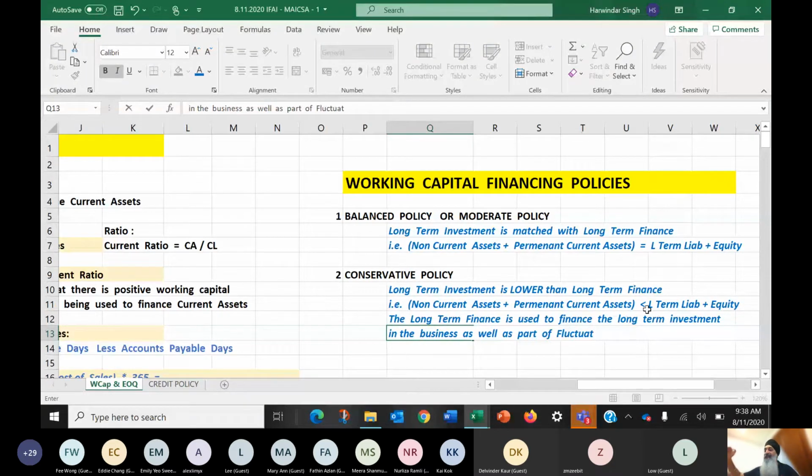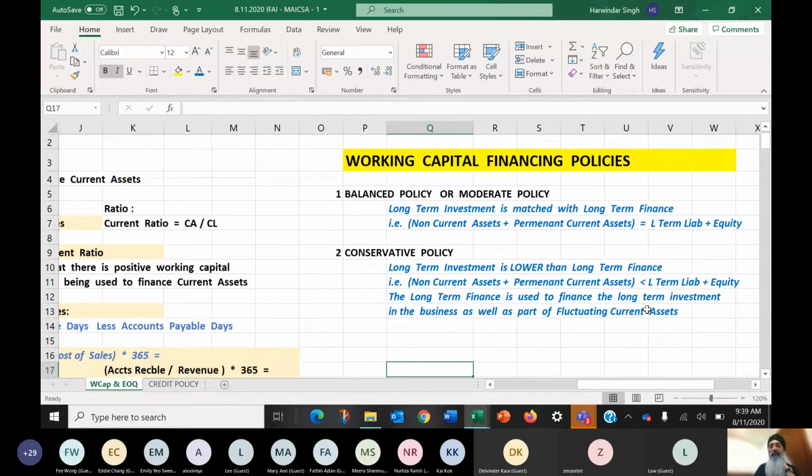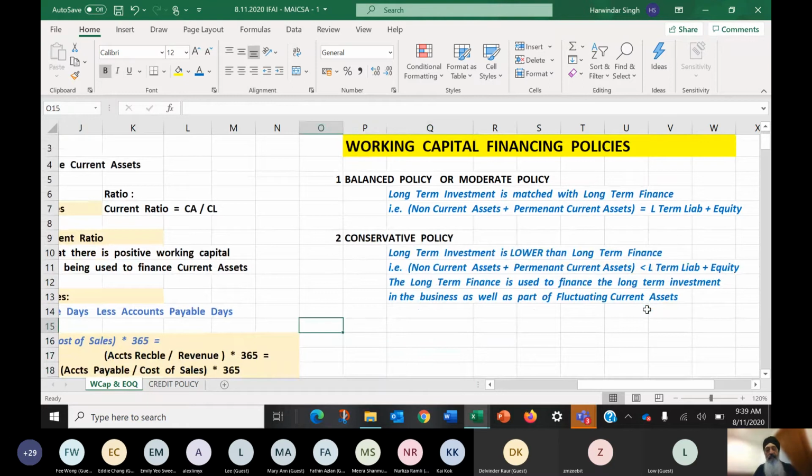That is the short-term investment. So current assets can be permanent, the baseline where the debtors and accounts receivable are there all the time, and then the fluctuating current assets, sometimes more, sometimes less, dependent on business activity. So the long-term finance is used to finance the long-term investment in the business as well as part of fluctuating current assets. That's the conservative policy.